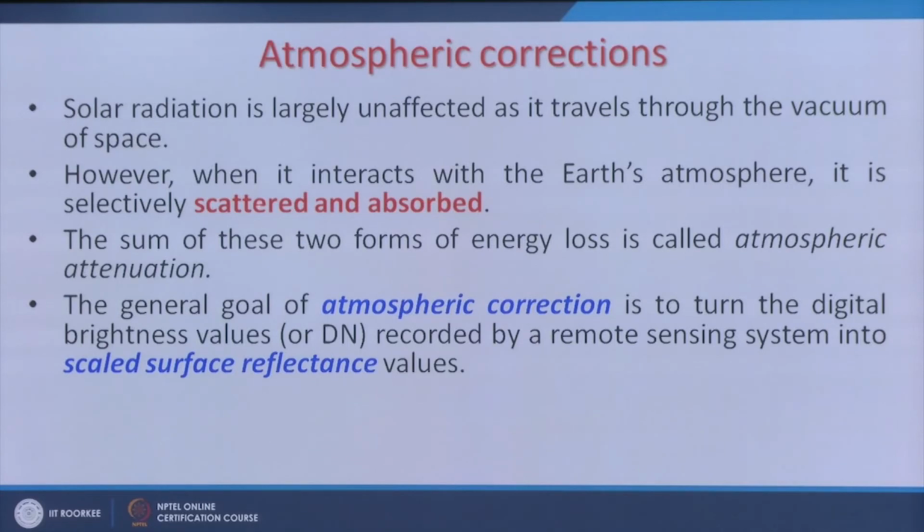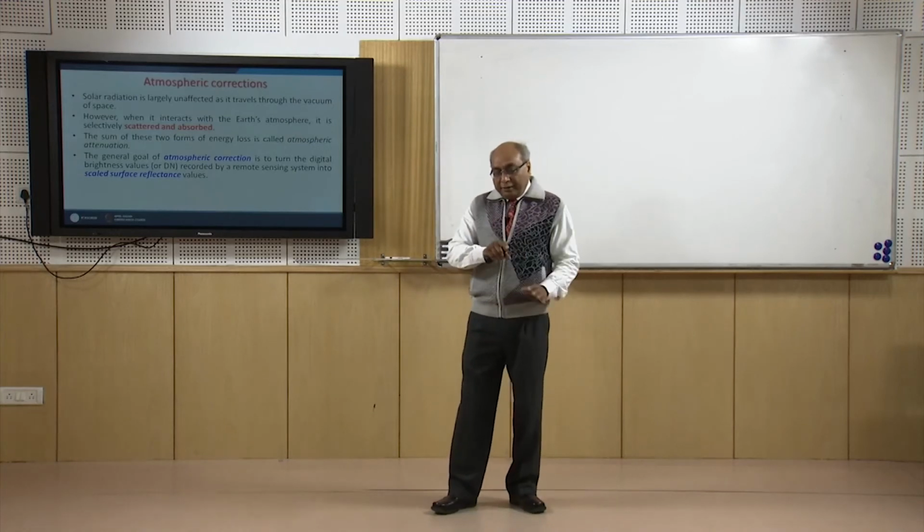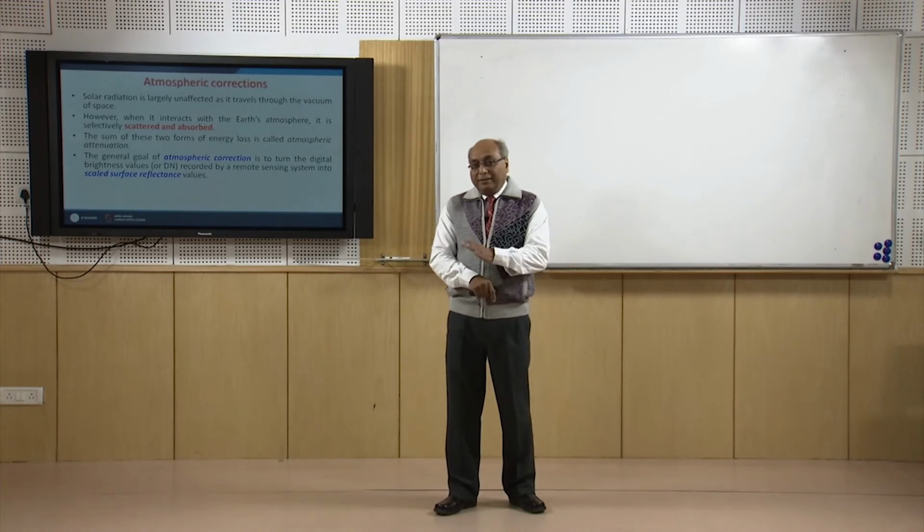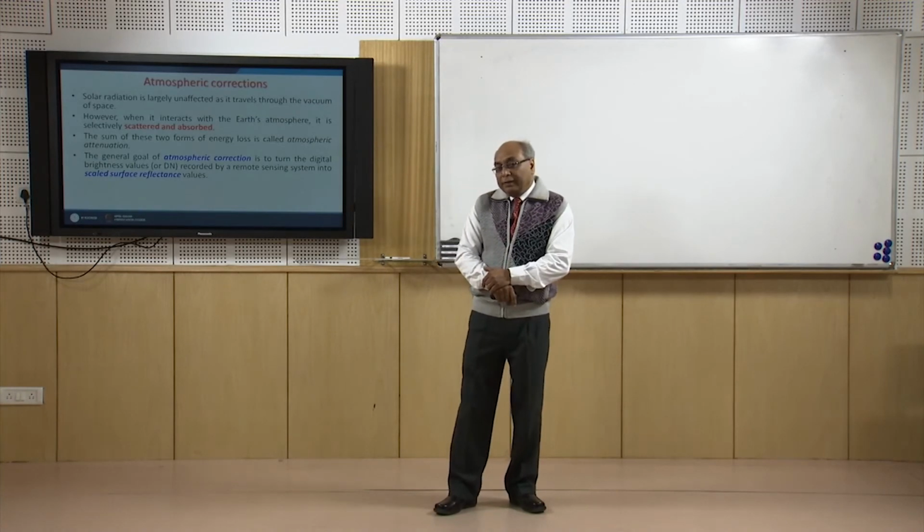The general goal of atmospheric correction is to turn digital image brightness values recorded by the remote sensing system into scaled surface reflectance values. That means removing the entire effect of the atmosphere from an image, assuming that there were no atmosphere.